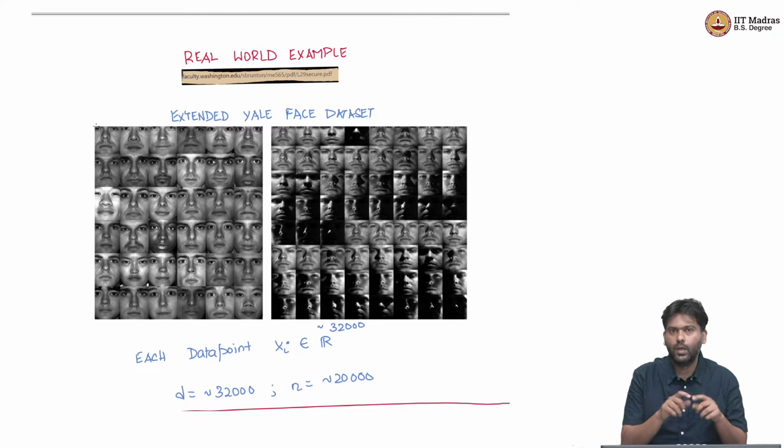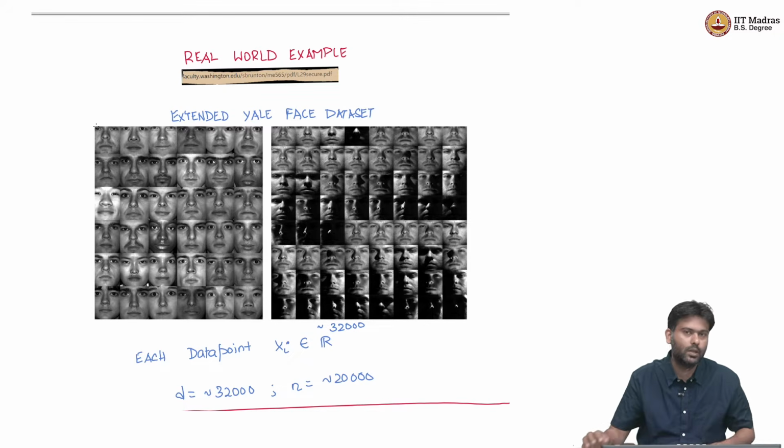Now you can vectorize this whole m cross n matrix into a vector of size mn cross 1. When you do that, there are around 32,000 pixels, maybe slightly more. That doesn't really matter for our discussion here. So each image becomes a point in a 32,000-dimensional space.